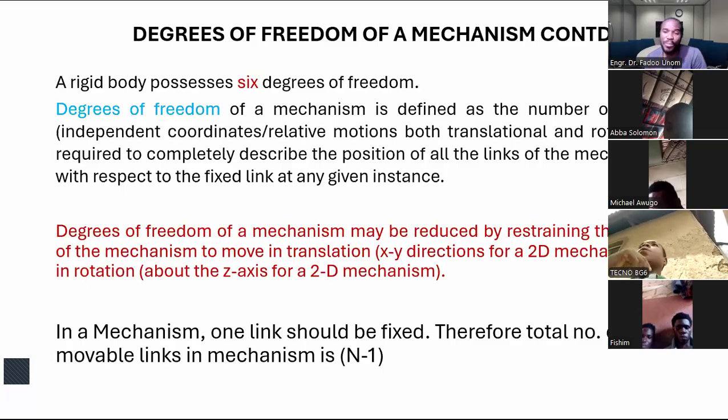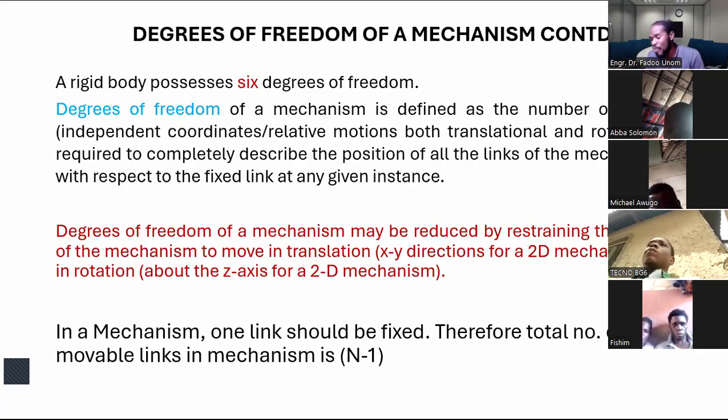So if you stop it from translating along the x-axis, then it now has 5 degrees of freedom. It means that it's not permitted to move along the x-axis. So if we want to define its position, we will need to tell how far it moved along the y-axis, how far it moved along the z-axis, whether it also turned about the x-axis, about the y-axis, and about the z-axis.